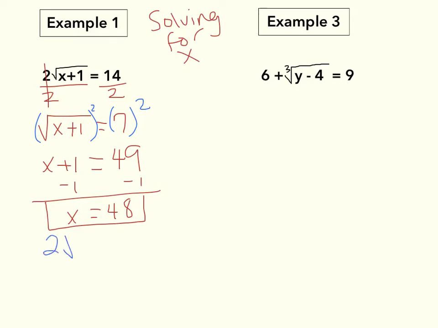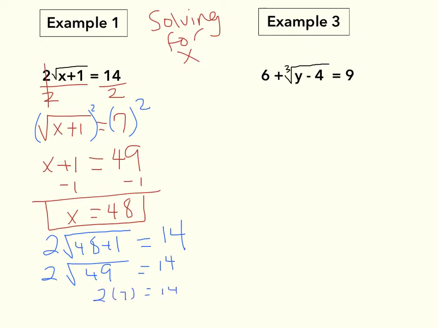So I have 2 square root, instead of the x, I have 48 plus 1 equals 14. And 48 plus 1 under the radical is 49. The square root of 49 is 7, so 2 times 7 equals 14. So 14 equals 14. So that's right. That means my x does equal 48.